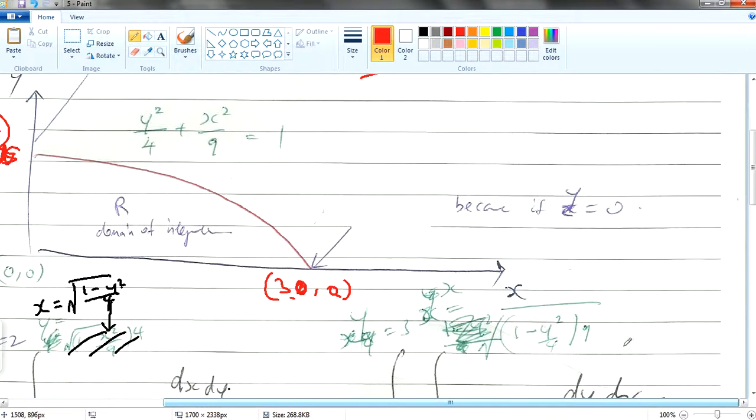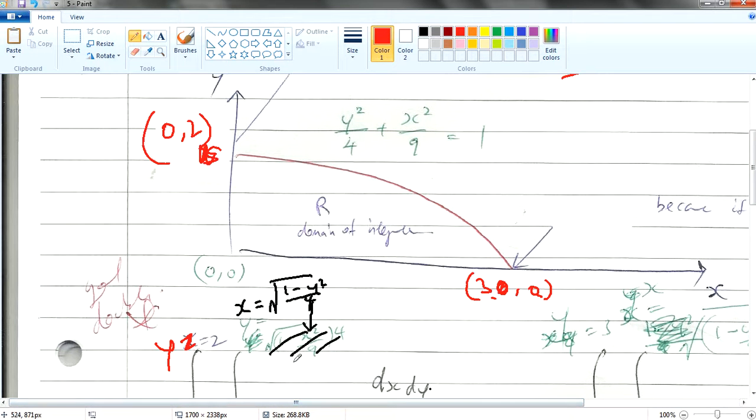And alternatively, you can also use dy dx. So for dy dx, the first thing is to find the equation, and you eventually get y equals the square root of (1 minus x squared) over 4. And then it's the same thing from 0: your equation is this point for the first strip. The second strip, your equation is at a slightly lower point.